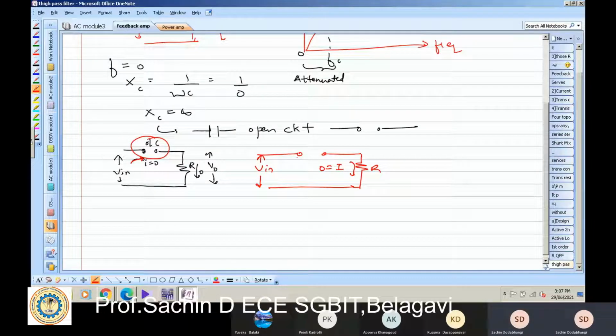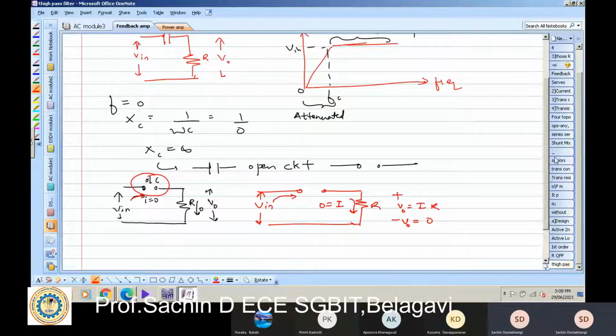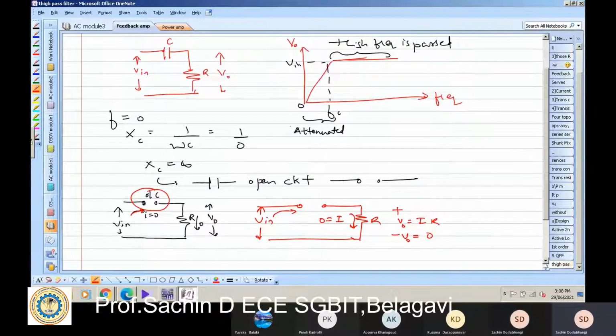Whatever current is delivered by this V input, it is open circuit, so current will not flow. Current only flows through a closed loop; if it is open loop, there is no flow of current. So the output voltage, given by current flowing through R, I into R, will be 0. In this graph, you can see output voltage is 0 at 0 frequency. I'll mark it. It is 0.